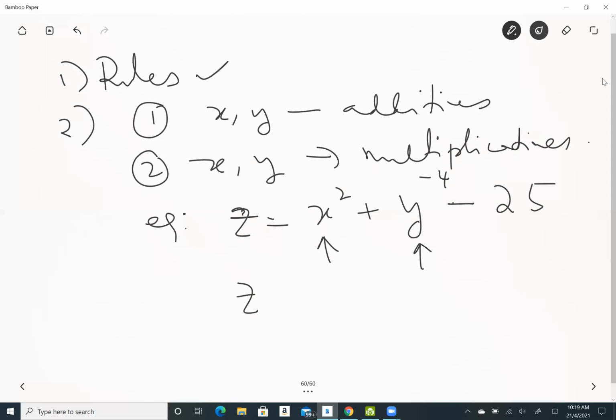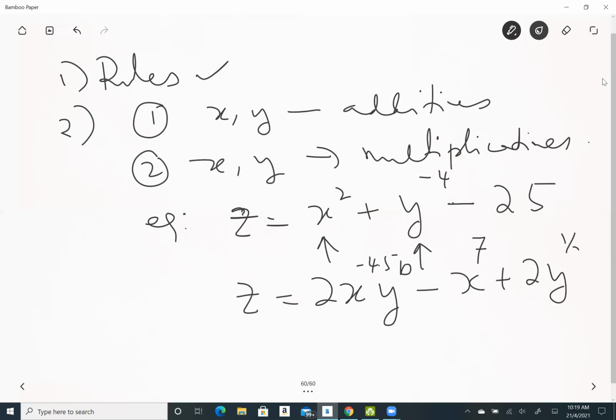Now multiplicative, you have something like this: 2x to the power of -4.5 multiplied by y to the power of 10 minus x to the power of -7 plus 2y to the power of 1/2.